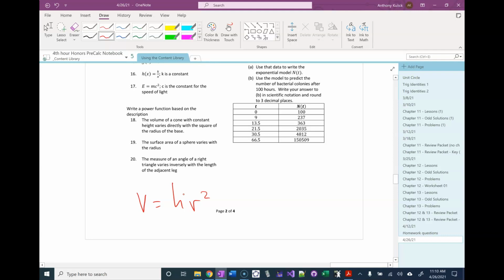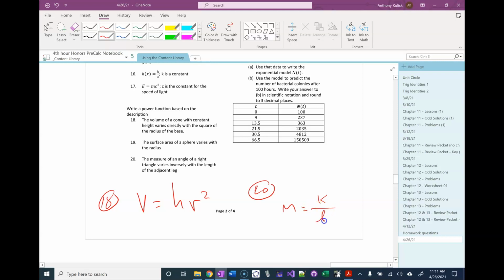So the measure of an angle of a right triangle varies inversely with the length of an adjacent leg. So we have some constant, and because it says varies inversely, are we multiplying or dividing?